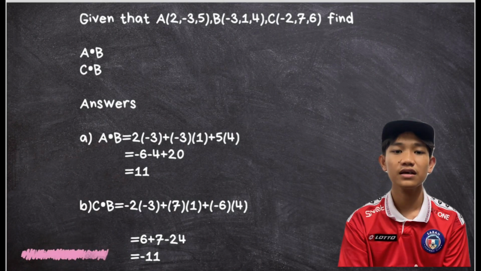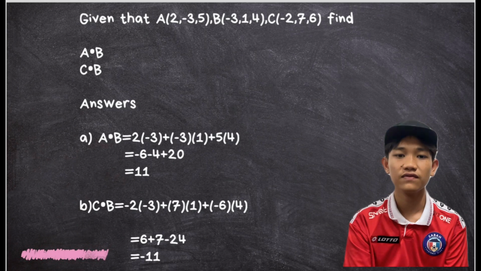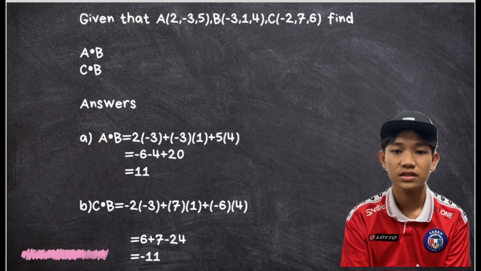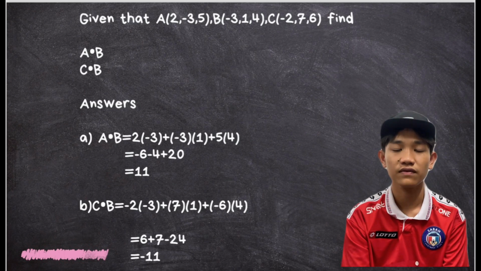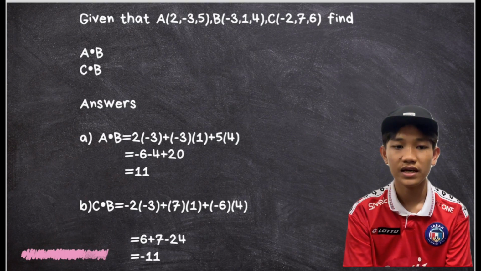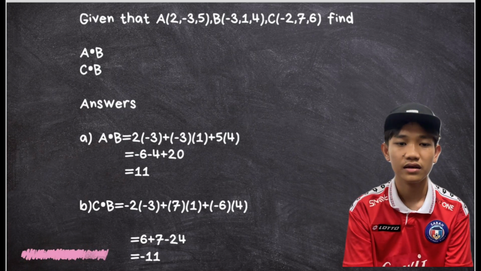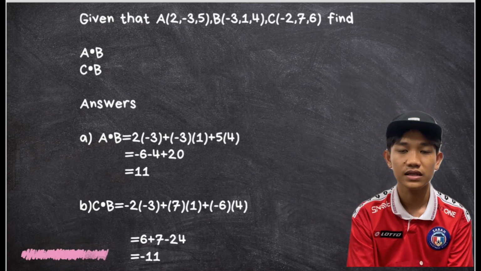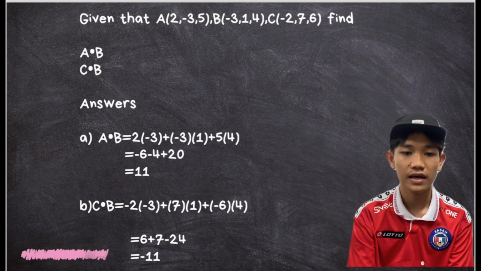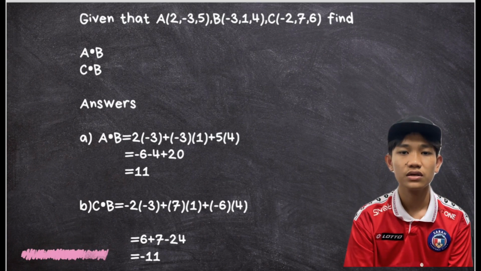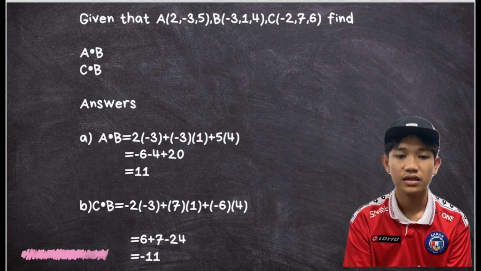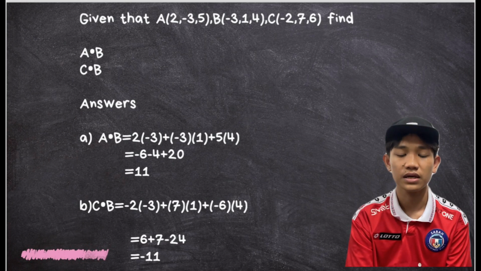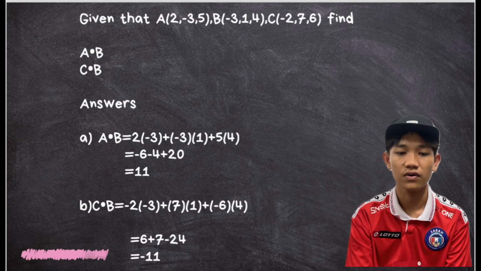Given that A is 2, -3, 5, B is -3, 1, 4, C is -2, 7, 6. Find question A, A dot B, and question B, C dot B. The answer is A dot B equal to 2 multiply -3 plus -3 multiply 1 plus 5 multiply 4.